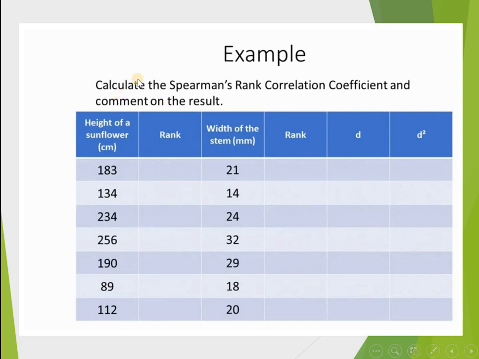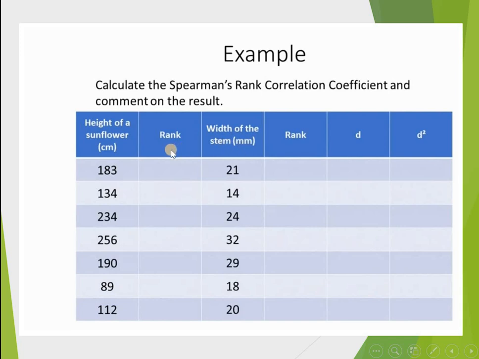Example. Calculate the Spearman's rank correlation coefficient and comment on the result. Here we have an example. The first column is the height of a sunflower in centimeters, and the second is the width of the stem in millimeters.